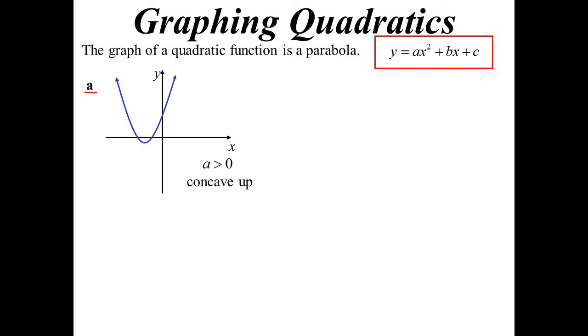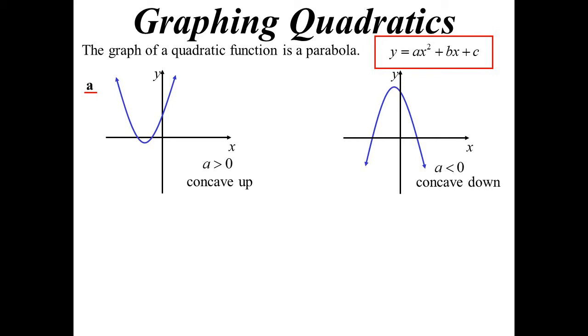You can think of it as a happy curve, because look, it looks like a smile. Then we get the sad parabola, where a is less than 0. So it has a frown, because it's negative. Concave down.